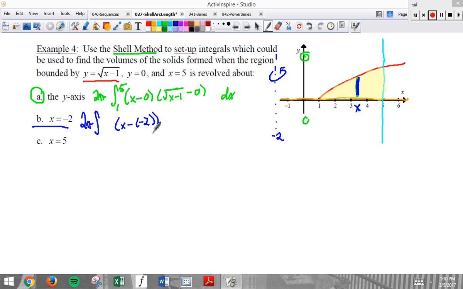So that's a very key part. Right minus left is now x minus negative 2. The radius piece is what's keeping track of the axis of revolution for you. And this blue rectangle also has height: top minus bottom, root x minus 1, minus 0.